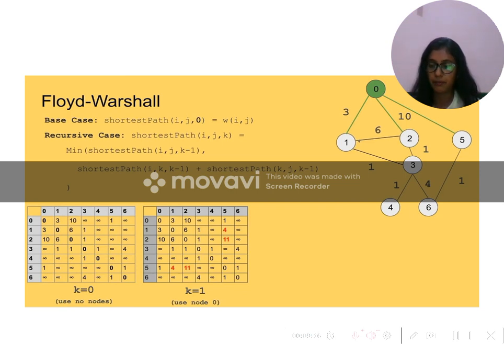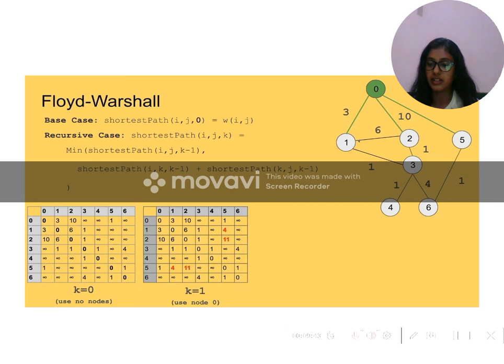Another update we can do is node 2 to 5, which used to be infinity. Now I can go 2 to 0, then 0 to 5, and that would be 11. And remember, so far we are only allowed to use node 0 as an intermediate node.